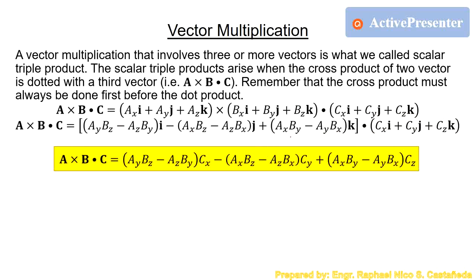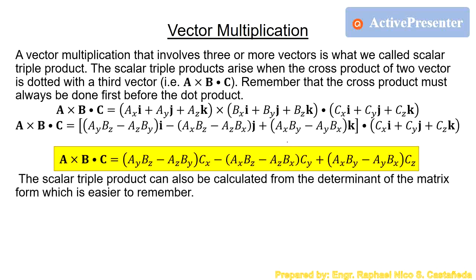As you can see, the formula is quite complicated to remember. So there is an easier way, same with the cross product. We can perform the scalar triple product by calculating the determinant of a 3x3 matrix, which is easier to remember.